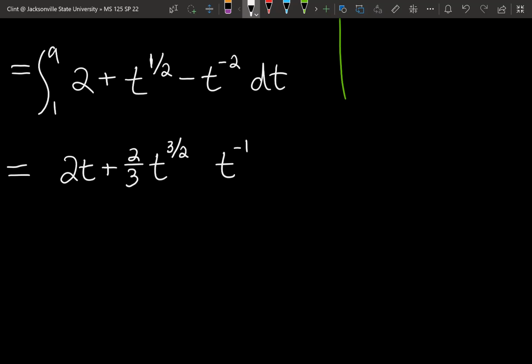And right now our coefficient's -1. If we divide by -1, we're going to get +1. So let me just put that out to the side too. We get t to the -1, and we have -1 over -1.